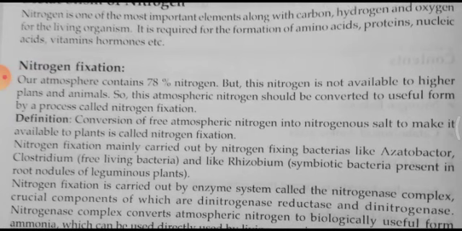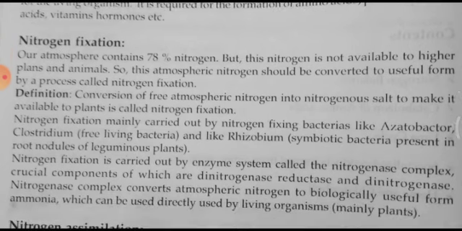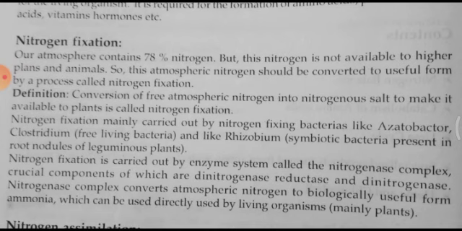Nitrogen fixation is mainly carried out by nitrogen fixing bacteria like Azotobacter, Clostridium and Rhizobium, and these are very helpful in fixing the nitrogen. Nitrogen fixation is carried out by an enzyme system called the nitrogenase complex. This nitrogenase enzyme complex, which is present in the above said microorganisms, is helpful in nitrogen fixation, the crucial components of which are dinitrogenase reductase and dinitrogenase.